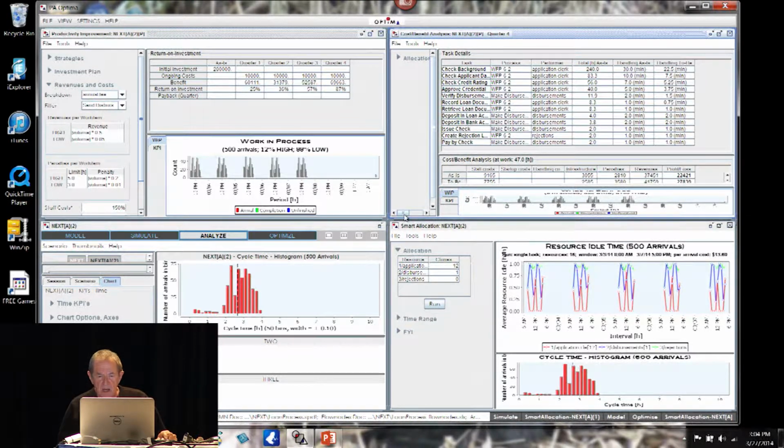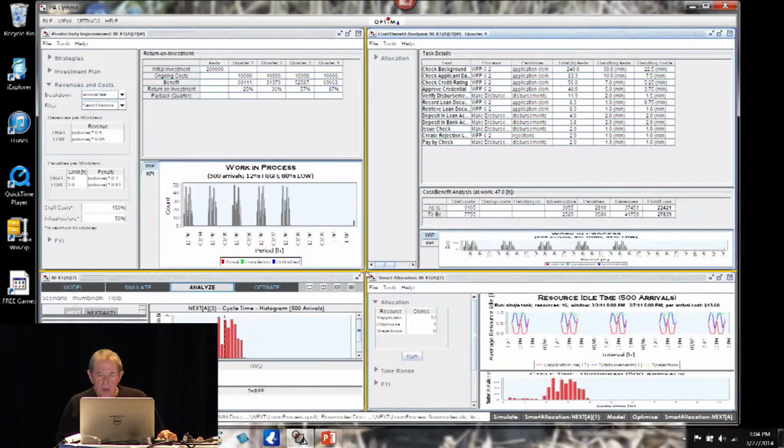But if we look at the costs and benefits, we'll see, okay, the staff cost went down. That was good. The infrastructure cost went down. But as a result of the changes we made, there were significantly higher penalties. There were some higher revenues, but the total effect of it is not a sufficient gain to pay for the investment. So yeah, we improved things, but we spent a lot of money to do it, and we didn't get that money back after a year.